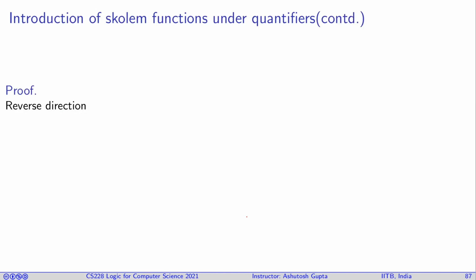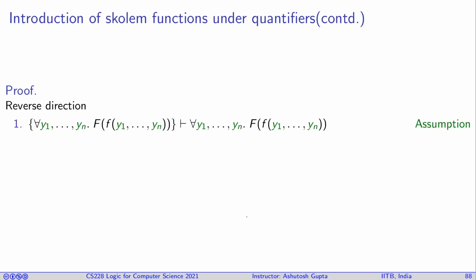The reverse direction is fairly simple because in the reverse direction it's an implication. It's not an equisatisfiability issue. We can simply prove it via our proof system. We assume the formula with the function, and this is the formula by assumption. Then I use for all elimination and get rid of my quantifiers.